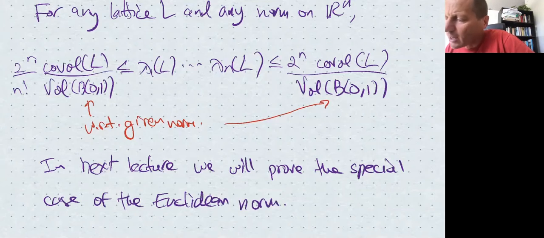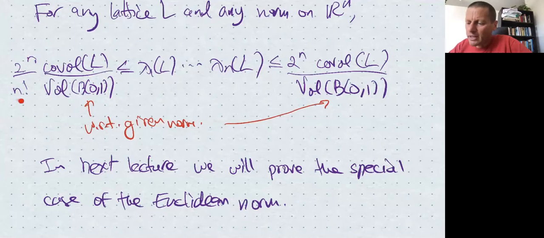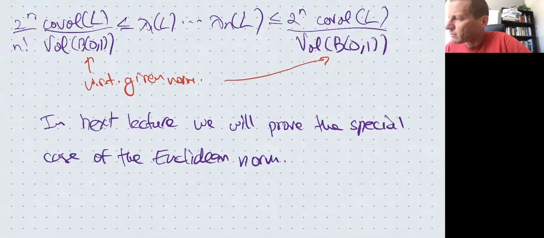So now for any fixed norm, this is a constant, that's a constant, that's a constant, and that's a constant. So once you prove it for the Euclidean norm, you still get an upper bound and lower bound on this thing for any other norm, just because any two norms are equivalent. So you get some information. But the delicate part of the proof is to really nail these constants and make them tight, and that's what was done by Minkowski, and this is the content of Minkowski's second theorem.